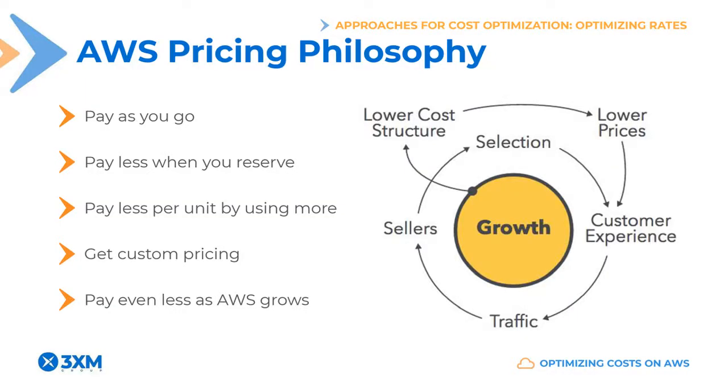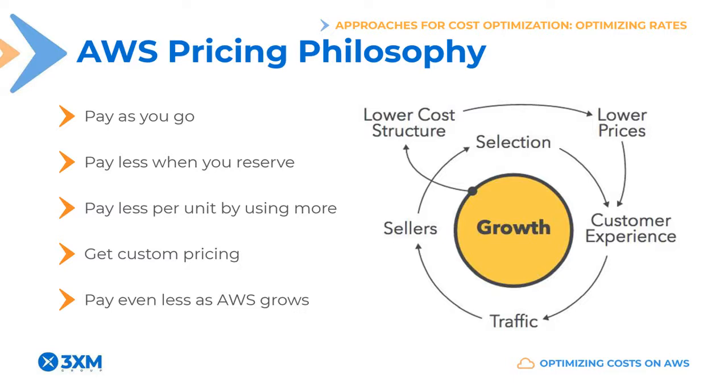The first step towards implementing successful cost optimization strategies that pull on the rate optimization lever on AWS is getting familiar with AWS's pricing philosophy. In AWS, you pay as you go. You replace large upfront capital investments with low variable costs and pay only for what you use. No minimum commitments or long-term contracts required.